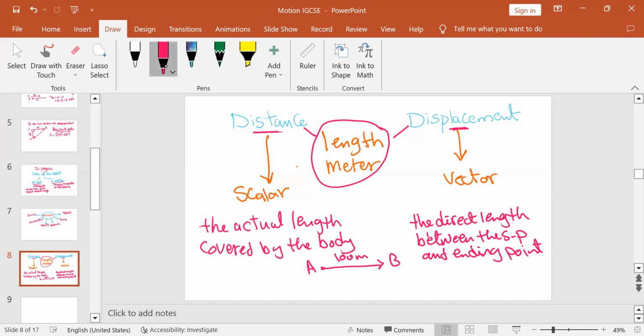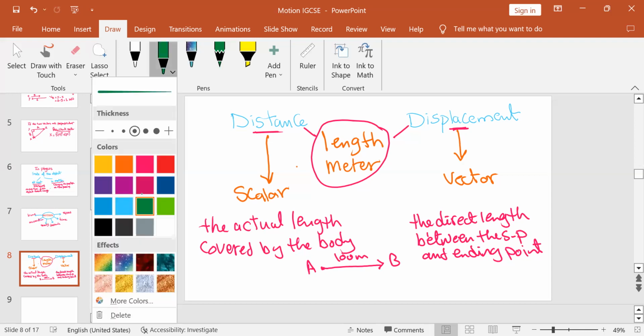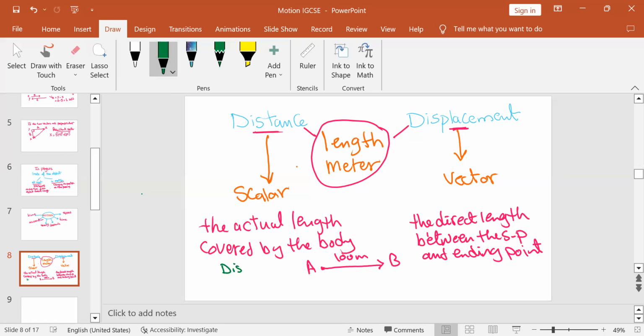The distance will be 100 meters. But what about displacement? It will be 100 meters, the same, because the object covers this distance in a direct way.